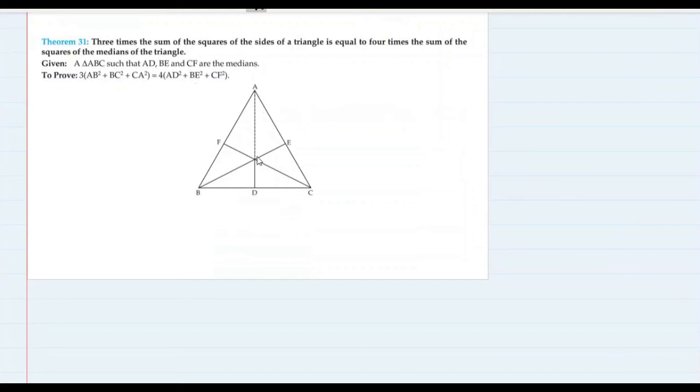If we consider AD as a median first, then we can say that AB square plus AC square is equal to 2 times AD square plus BD square. That's the same result which we have proved earlier. Then we take another median, let's say BE.